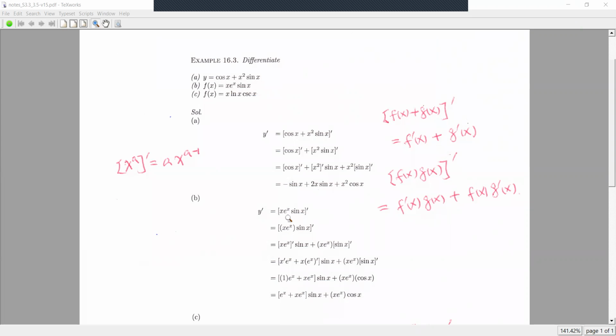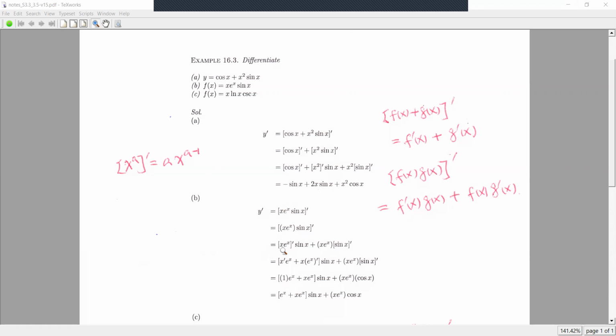First, we group the first two functions together. Then the function becomes a product of two functions. This function times function sine of x. Now apply product rule. Then we get this equation.